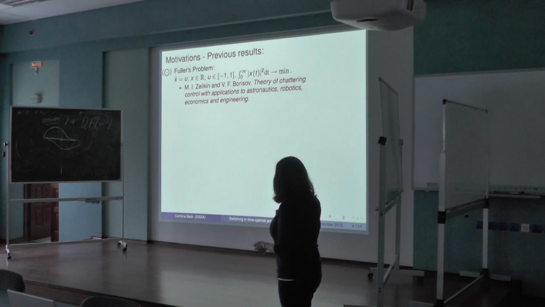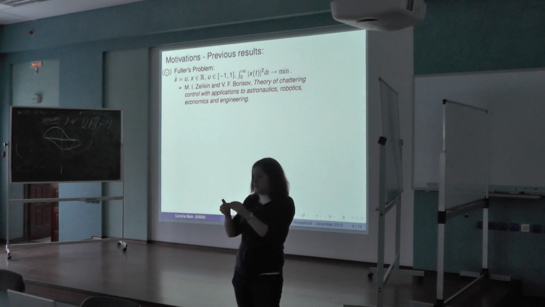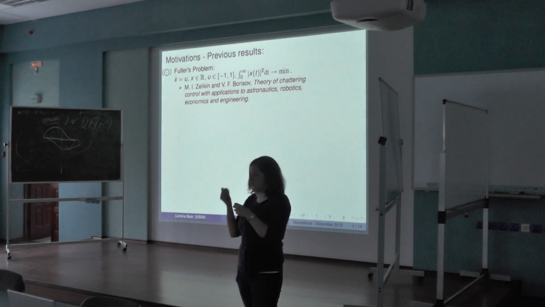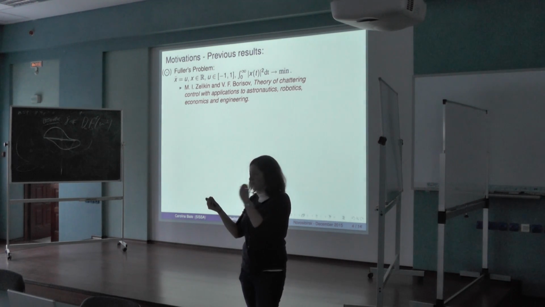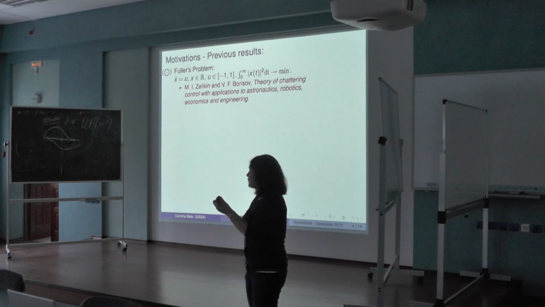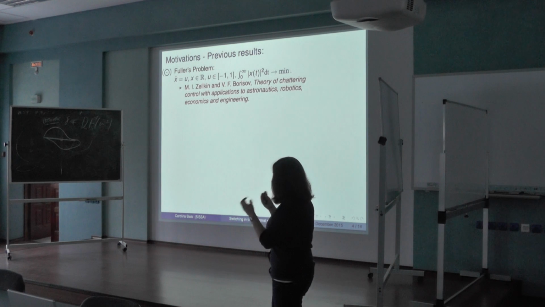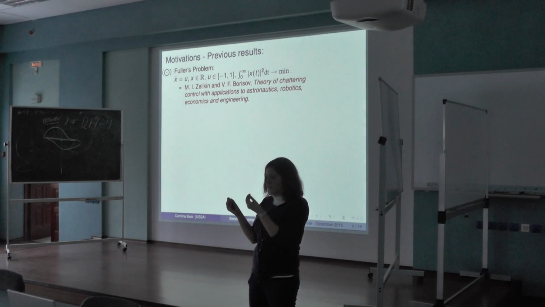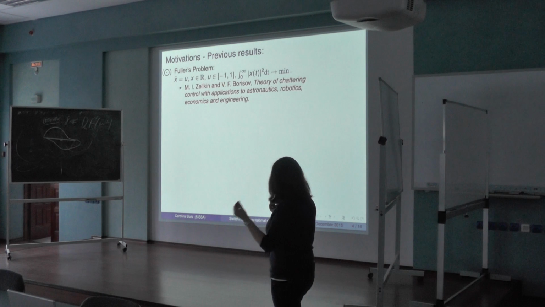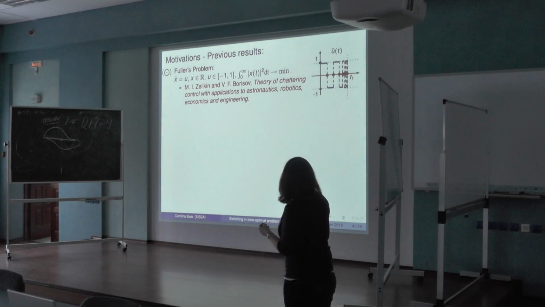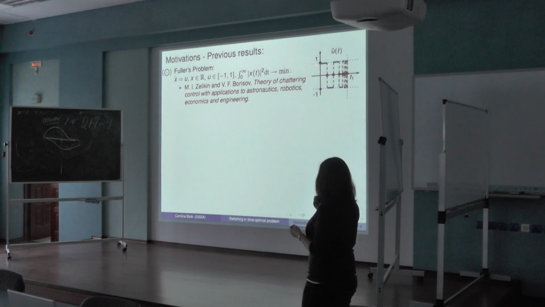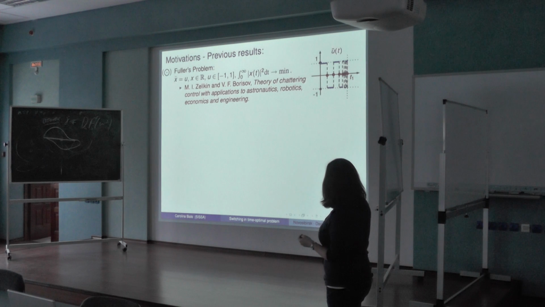And why is it interesting? Because if we consider in the real line an optimal solution that starts from a point different from 0 and arrives at 0, for this system we have optimal solutions that arrive in finite time at 0. And the corresponding optimal control has this behavior. It is constant 1, then has a discontinuity, then it is constant -1, and so on.